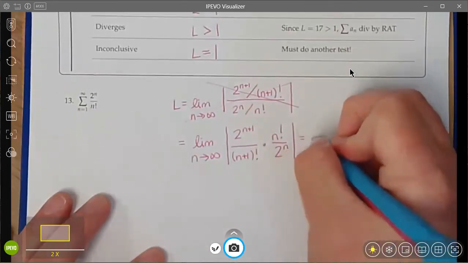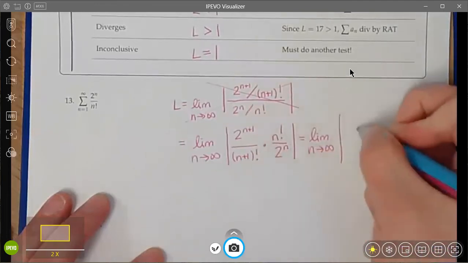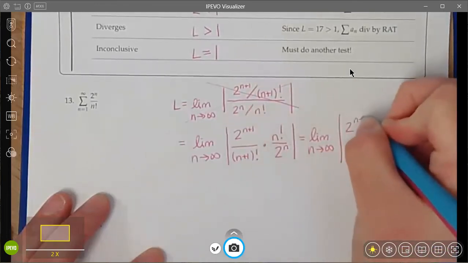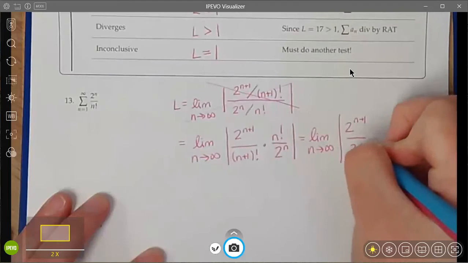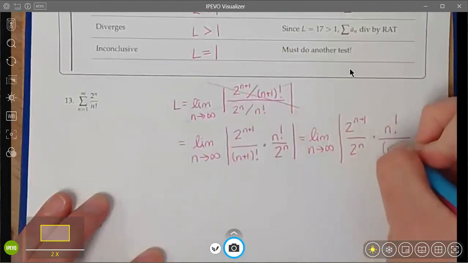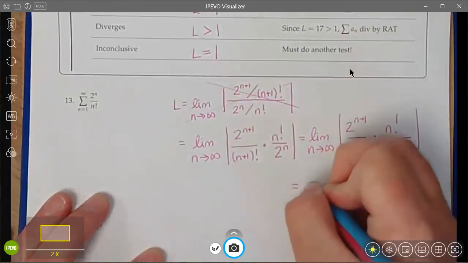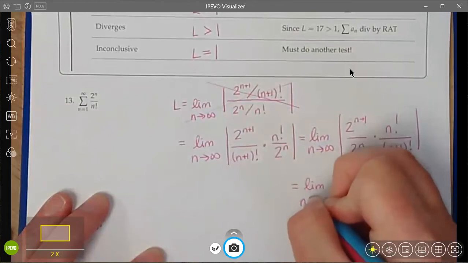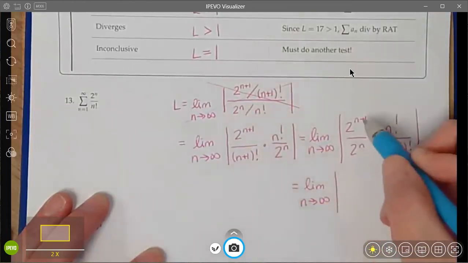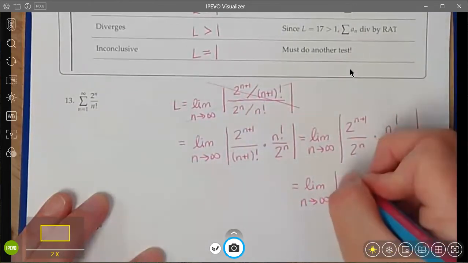And this is going to be equal to the limit as n goes to infinity, and I'm going to rearrange this. I have 2 to the n plus 1 over 2 to the n times n factorial over n plus 1 factorial. So that gives me the limit as n goes to infinity. So 2 to the n plus 1 over 2 to the n just leaves me with a 2.